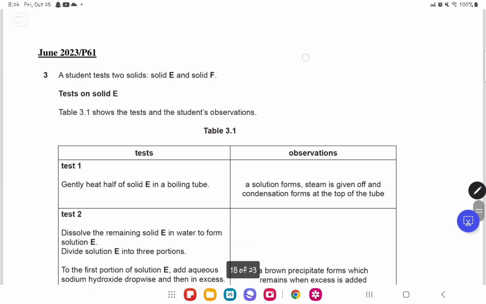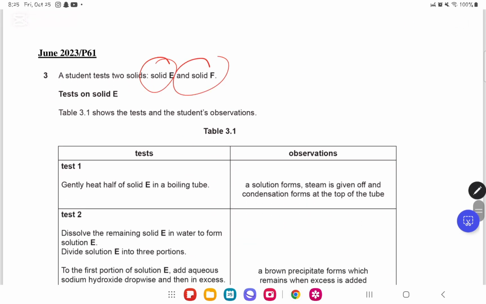Now June 2023 paper 61. So here we have again solid E and solid F. This is how I think most of the exam will come, okay? So they're gonna do tests on solid E. Solution forms, steam is given off and condensation forms at the top of the tube. So what's released? H2O. Water is released.